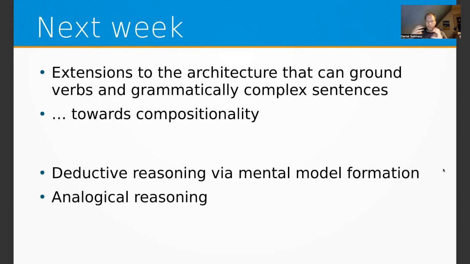More particularly, I'm going to show you that part of the architecture that can identify an analogy between two scenes, where, for example, both scenes depict a triangle above a rectangle having the same color and a different size, but the two scenes look dissimilar superficially, and still the model is able to detect an analogy. And that is, again, supervenient on many of the mechanisms that we have already seen.